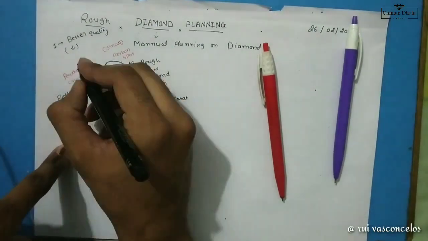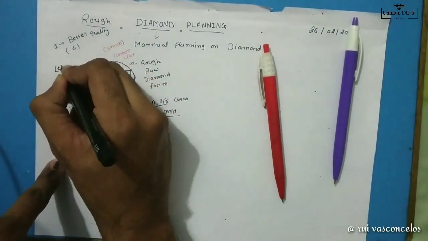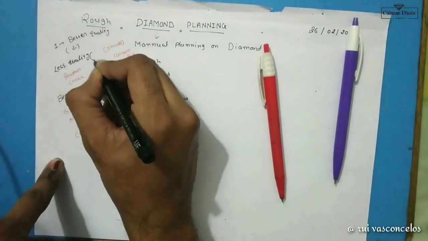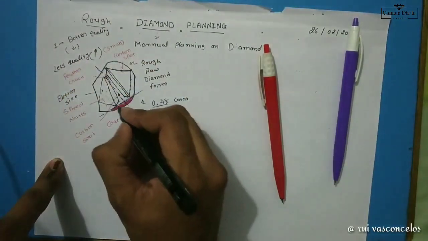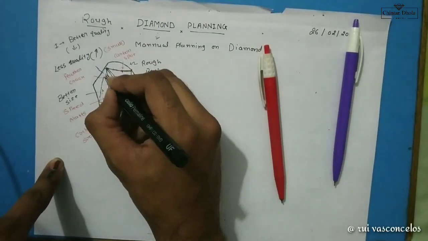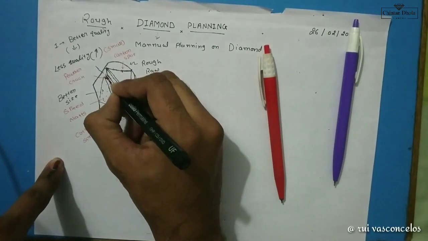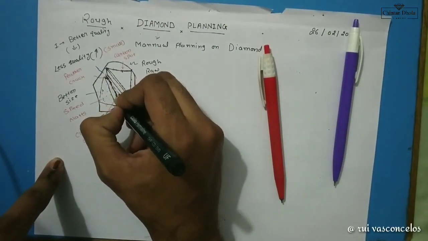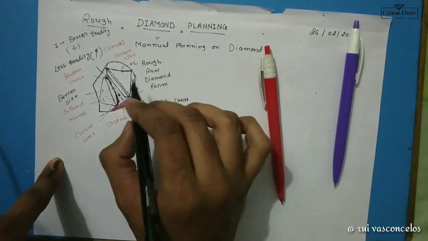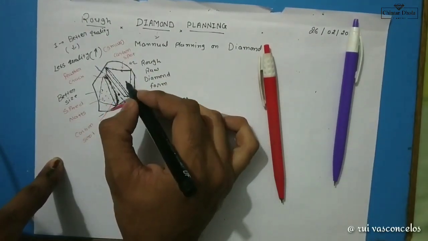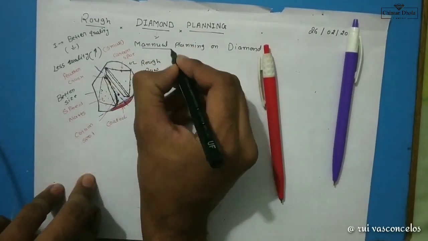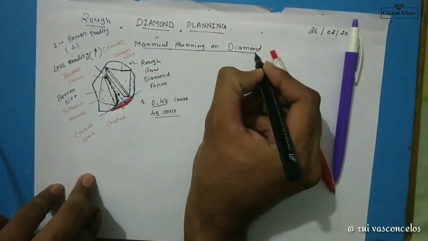If you want a lower quality diamond, you can make a bigger size of that diamond, because you just include all the things in your particular diamond. So you can get a diamond like this, and there is also spreadness. But we can also get one better quality plan, that is called manual planning on rough diamond.